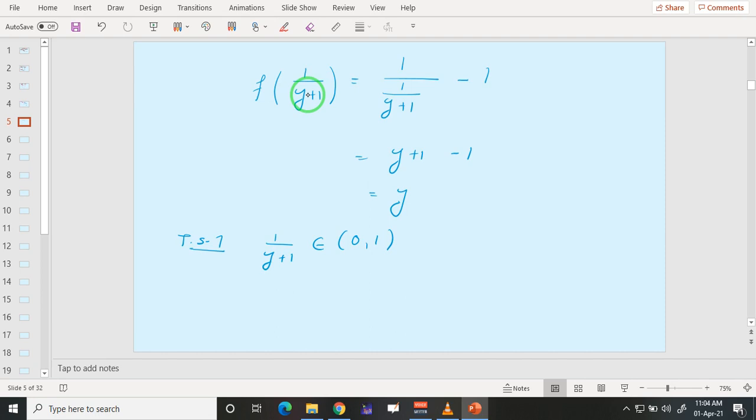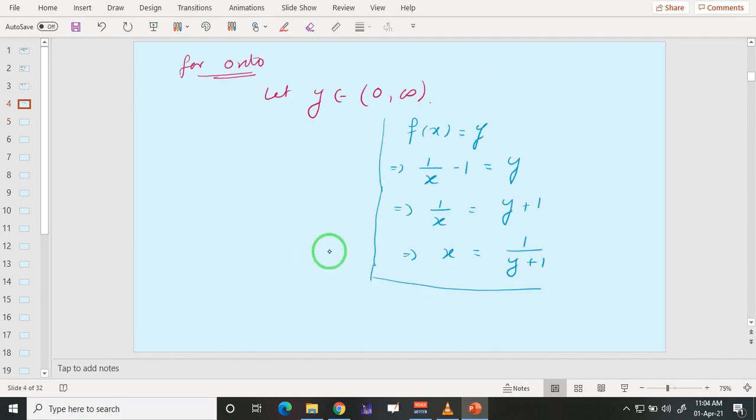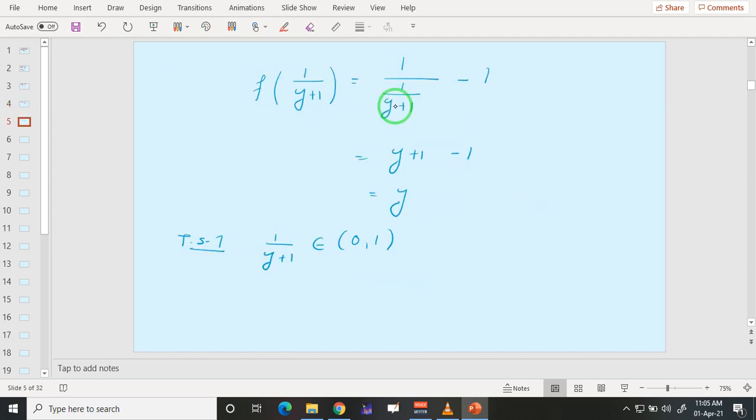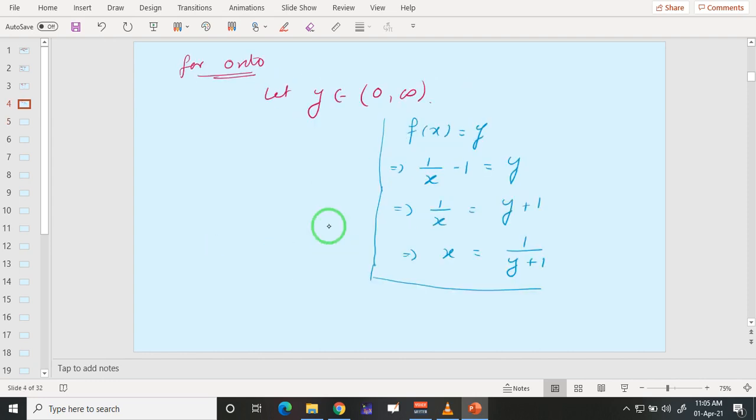Okay, now we have to show that 1 upon y plus 1 belongs to 0 1, and we know that y is in the interval 0 to infinity. So if you see, no matter what y is, 1 is already there, plus y. So this will be a number which is greater than 1, and if it is greater than 1, then of course 1 upon that number will be less than 1, and of course it is not negative.